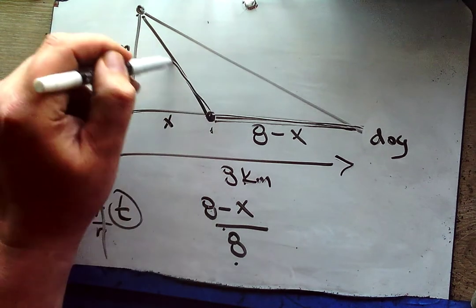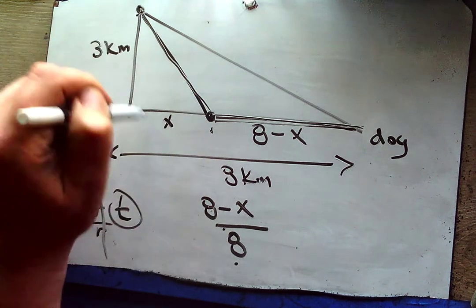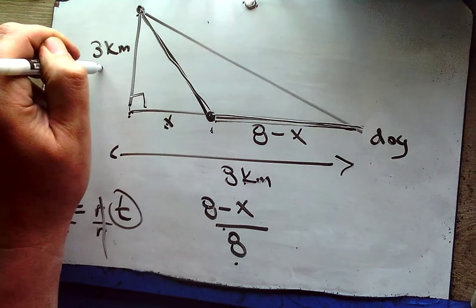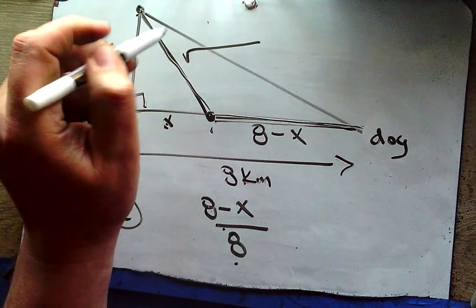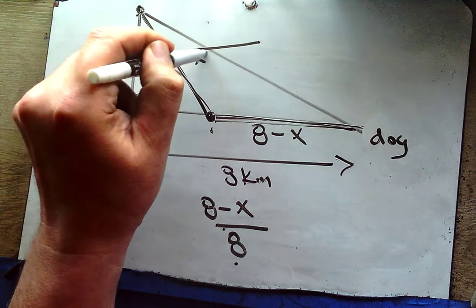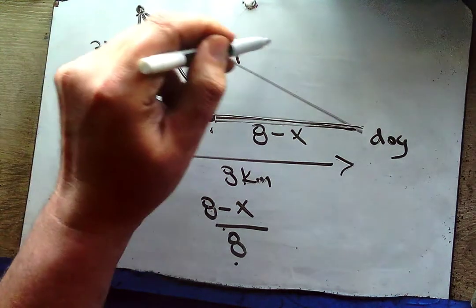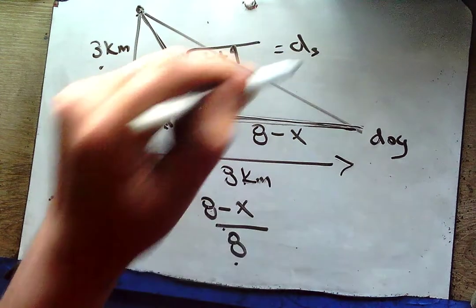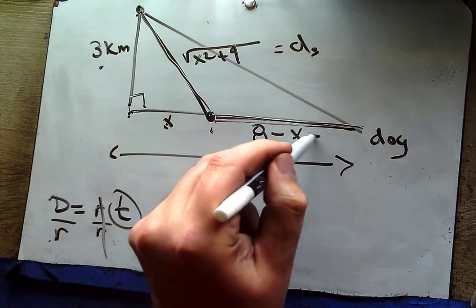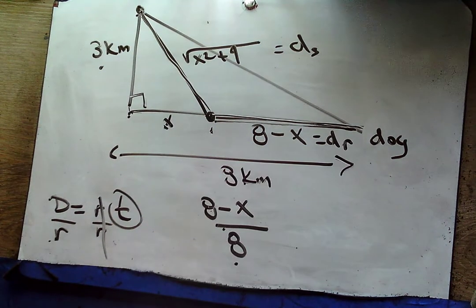Elvis still needs to do some swimming. I know that this is X and this is 3, so I know that this hypotenuse is the square root of X squared plus 9. This is the distance that Elvis is going to swim. This is the distance that Elvis is going to run.